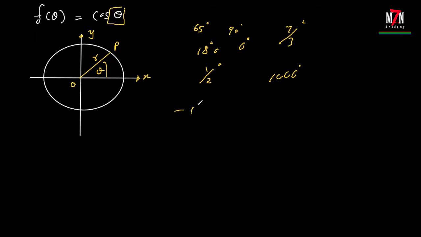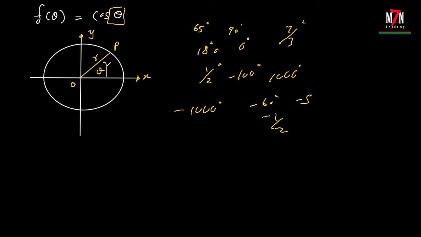Also you can substitute negative values: -1000, 100, -100, -60, -5, -half. Any value: fraction, decimal, negative, positive, any value.